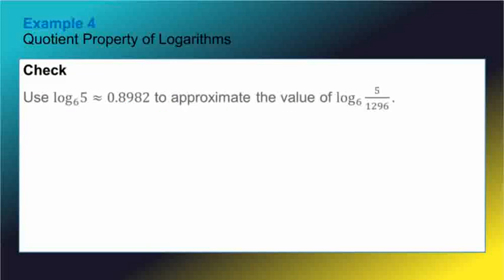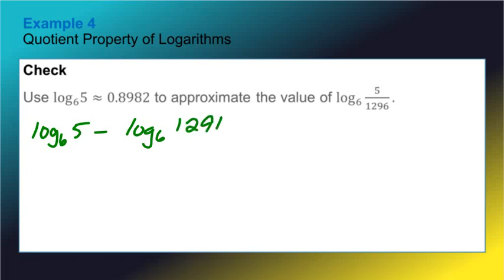Next, solve this one, log base 6 of 5 to about 0.8982 to approximate the value of log base 6 of 5 divided by 1,296. So if I separate those, this would be log base 6 of 5 minus log base 6 of 1,296. Now we already know log base 6 of 5 is 0.8982.